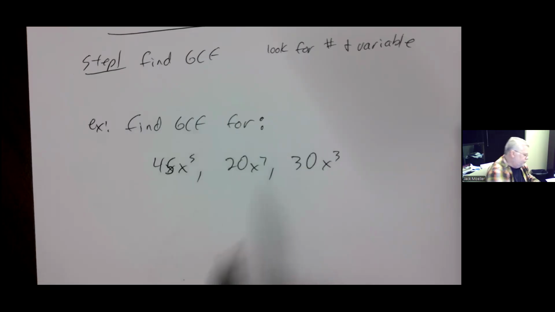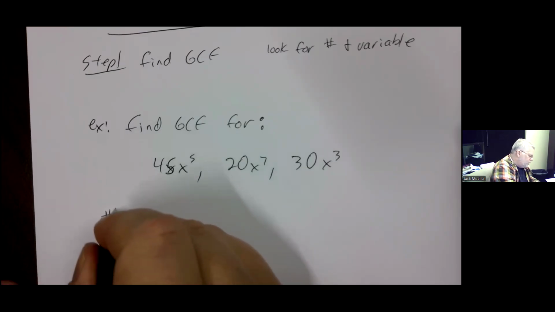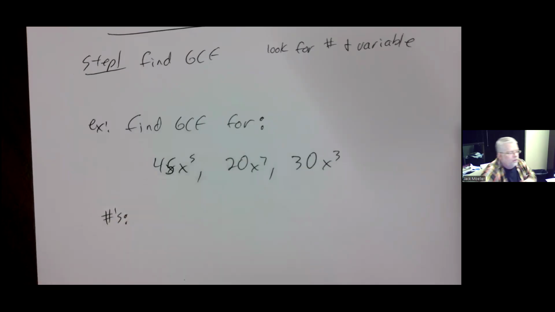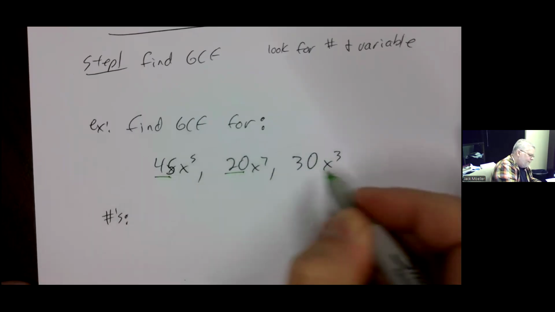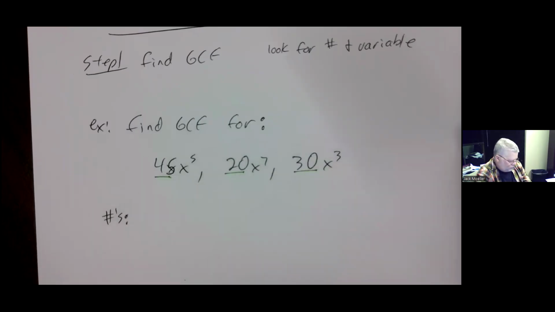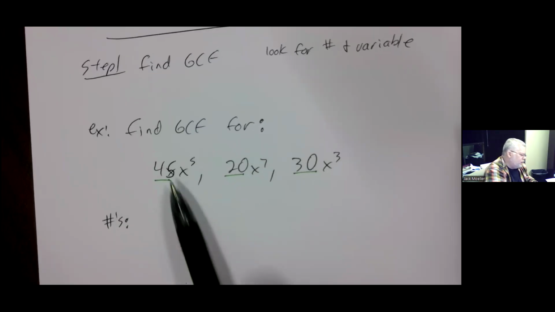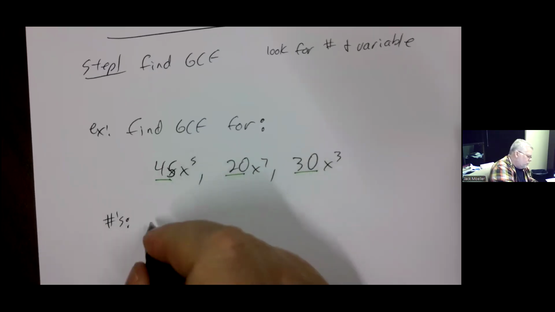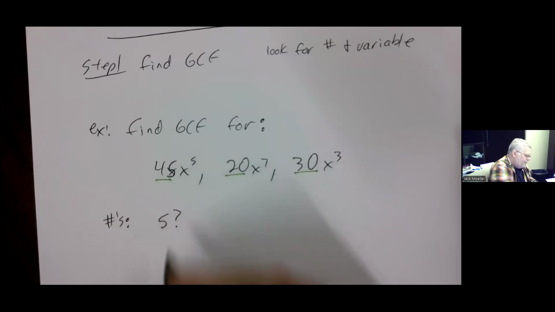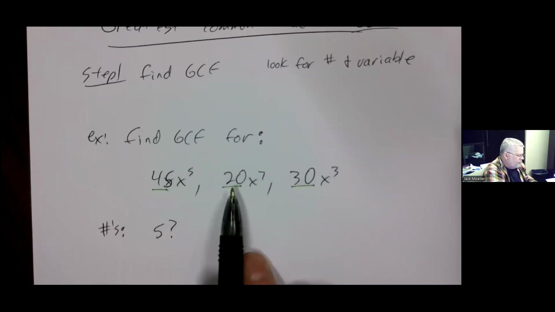All right. So tell me, just by looking at it, can you see the GCF between 45, 20, and 30? Well, they're not all even because of the 45, but hopefully you're noticing that they all end in 5 or 0. So let's see, is it 5? Okay, because 5 will definitely go into 20, 30, and 45.